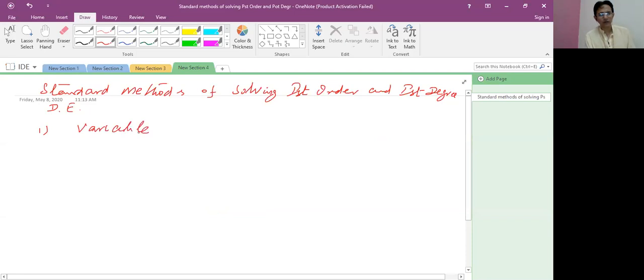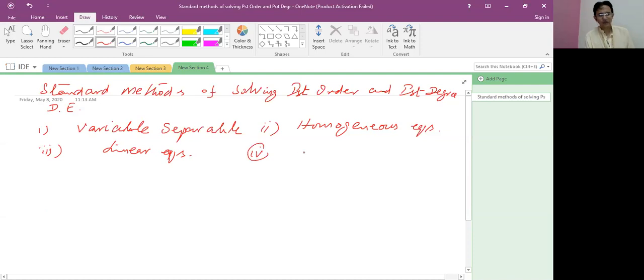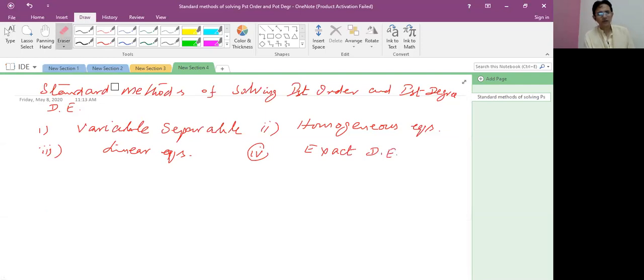Today we will discuss the variable separable method, and the remaining in the next lecture, inshallah. Next, number two, homogeneous equations. Number three, linear equations. Number four, exact differential equation. So these are the four standard methods we will discuss for first order first degree equations.